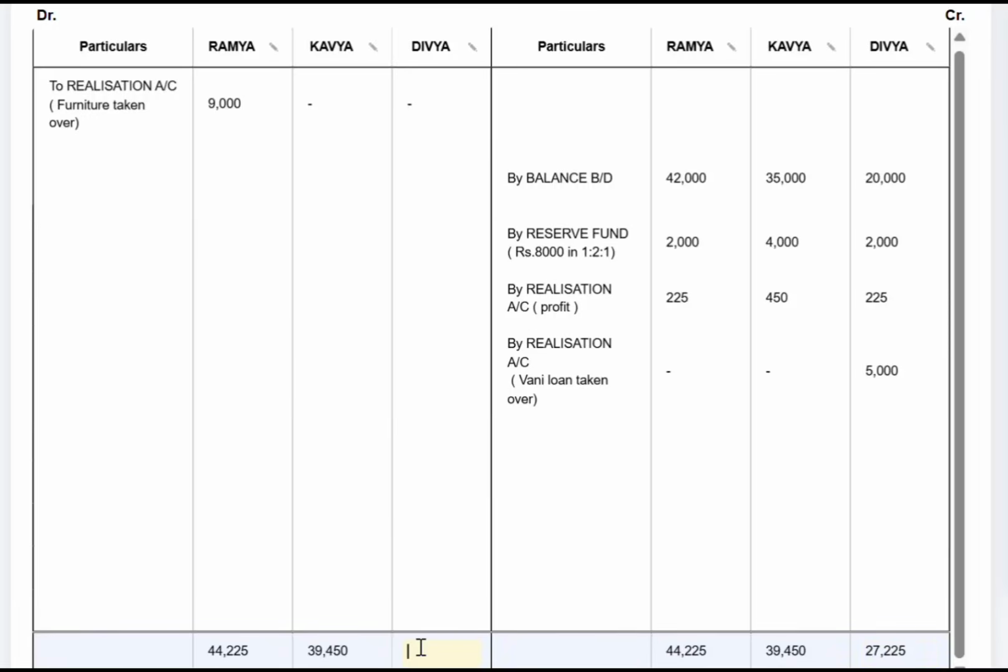So when we deduct the debit side totals, for Ramya it will be 44,225 minus 9,000. So the balancing figure will be transferred to the cash account. That will be the final settlement made to the partners. So to cash account on the debit side, the balancing figure for Ramya is 35,225, Kavya 39,450, and Divya 27,225. So this is the balancing figure which we have to transfer to the cash account.